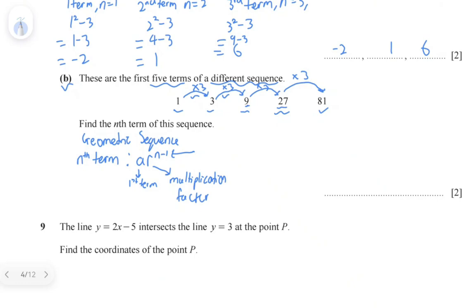It always stays as is. So the first term is 1, the scale factor is 3, and we have n minus 1. Evaluating this, we just get 3 to the power n minus 1, which is the nth term of this sequence.